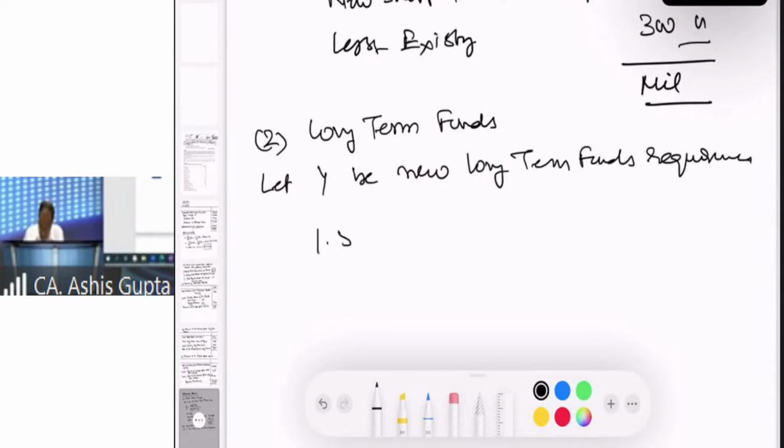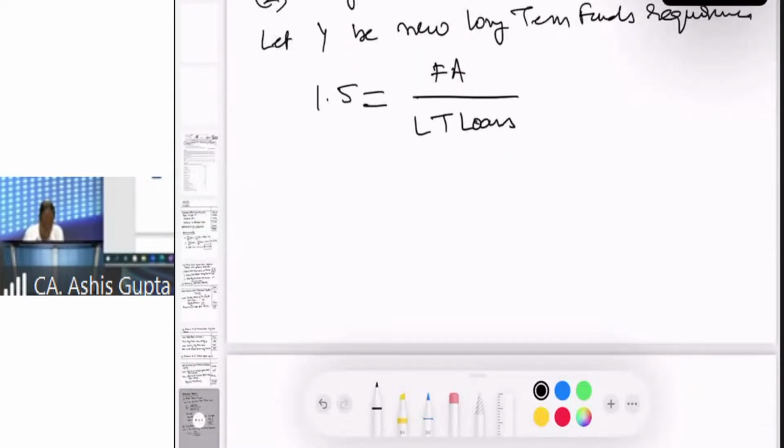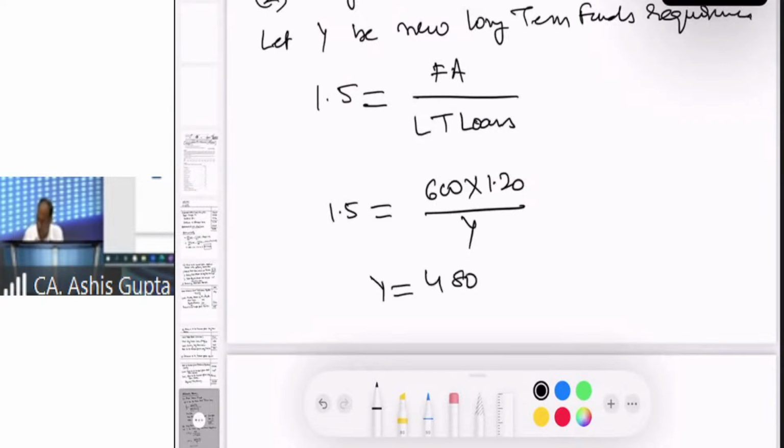Now we have to meet the condition. Fixed assets is 600. It will increase proportionately by 20%, and it is this. So our Y will be 480. New amount will be 480.